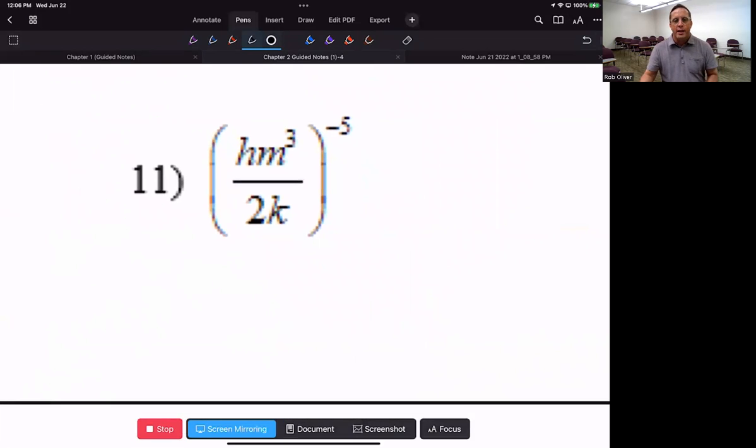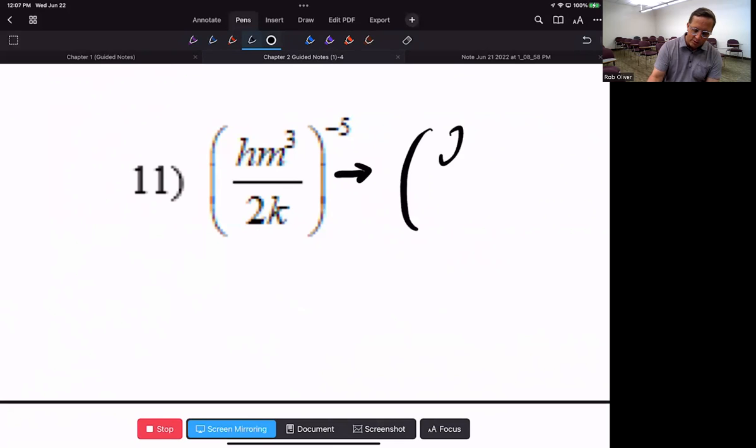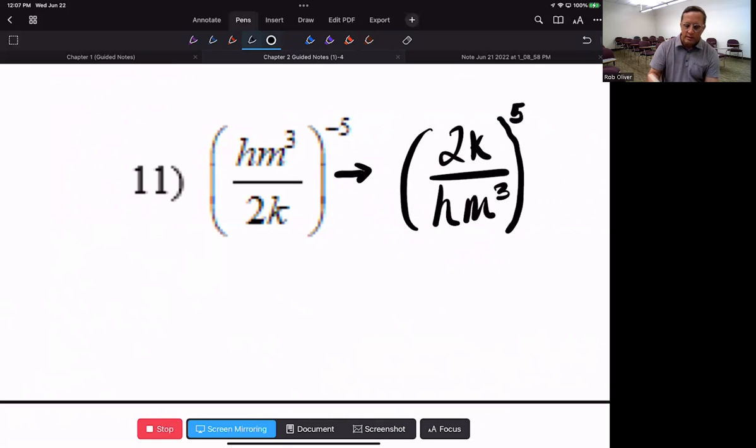All right, number 11 has a fraction in parentheses and a negative exponent. So let's flip that fraction. That's the first thing you want to do. Flip it. Now we've got 2k on the top and hm cubed on the bottom. The exponent now is +5, because taking the reciprocal undid the negative exponent.